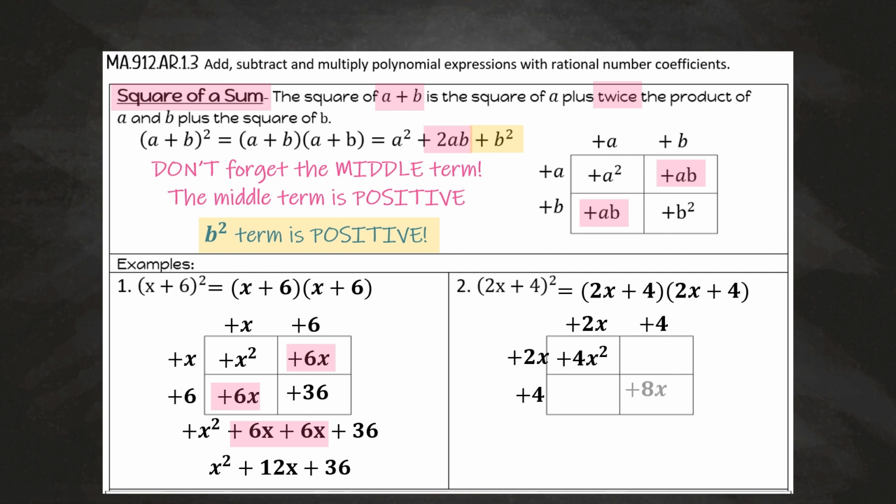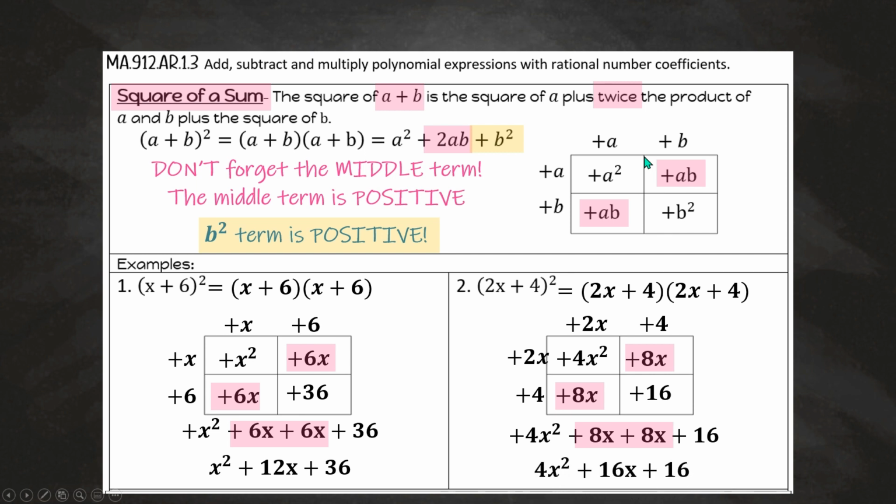Okay, so 2x times 2x is 4x squared. 2x times 4 is a positive 8x. 4 times 2x is another positive 8x. And 4 times 4 is a positive 16. So again, it's twice the product of a and b. So it's going to be 16x.